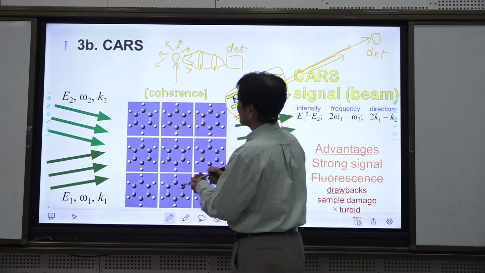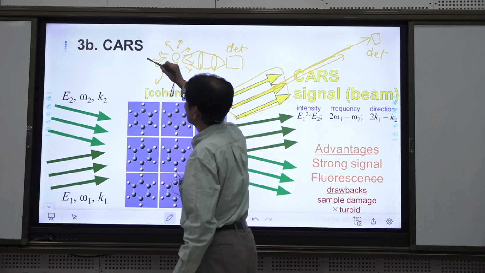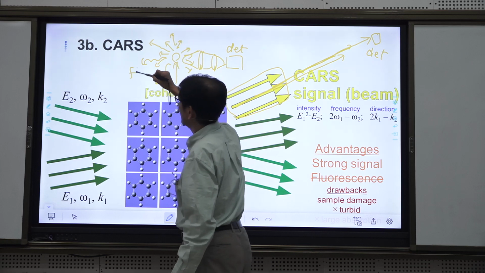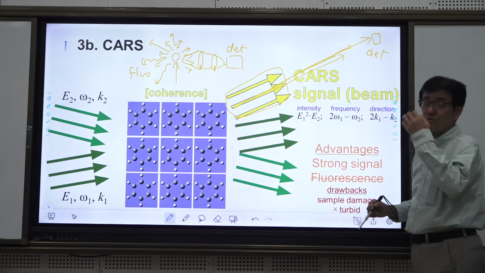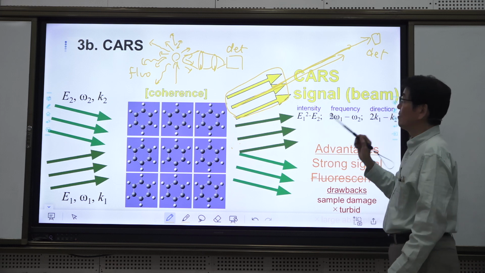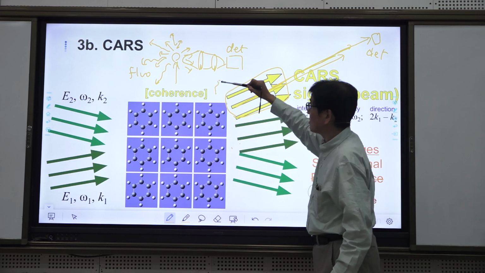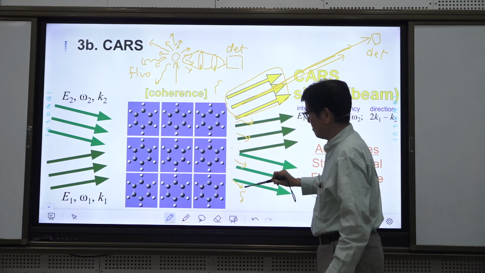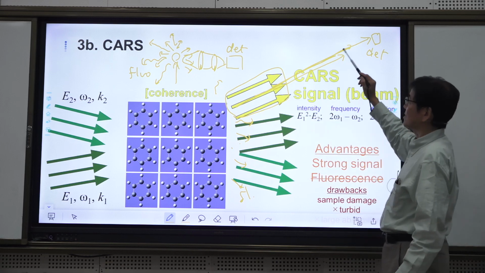Also, sometimes the spontaneous Raman signal is interfered with by strong fluorescence background. Raman intensity is much weaker than fluorescence, so it becomes difficult to analyze. Fluorescence also happens in this experiment and goes in all directions. Again, the CARS signal only goes in this direction.